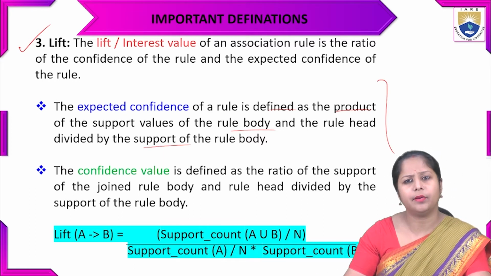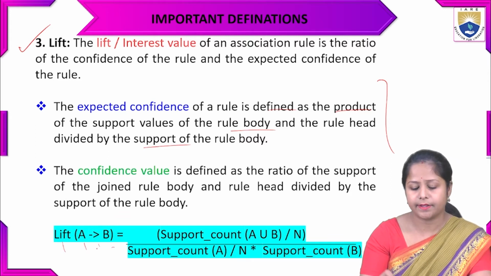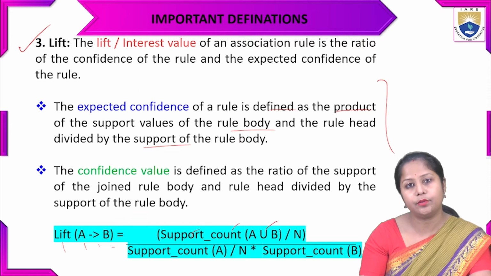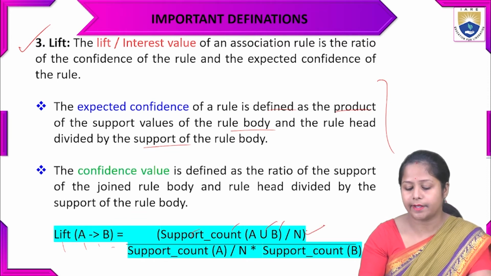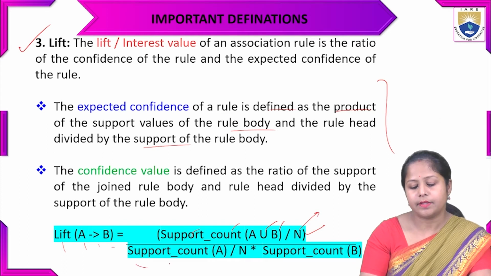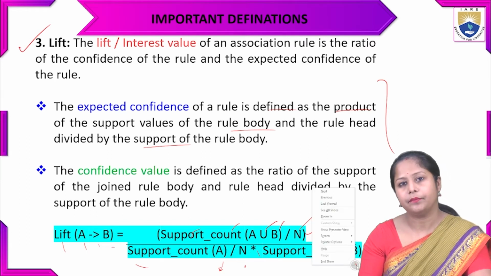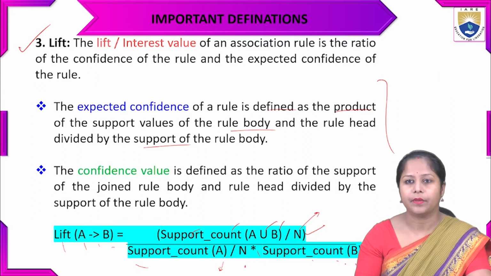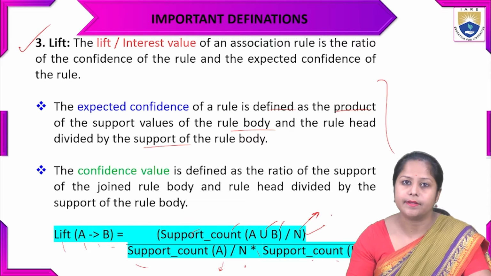So in the formula we can see the lift of A implies B is nothing but the support count of A union B divided by N. I'll tell about what N is here. Support count of A, that is the first item set, divided by N, into the support count of B. Here N is the number of transactions.